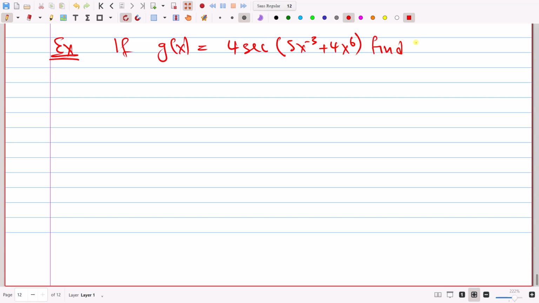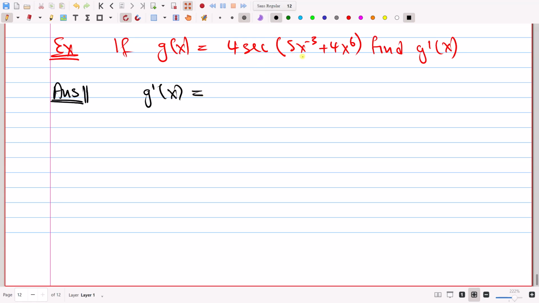Now what they will do in an exam is ask you the following problem. They will say if g(x) is equal to 4 sec of 5x^-3 plus 4x^6, find g prime x. How would you proceed in a case like this one?